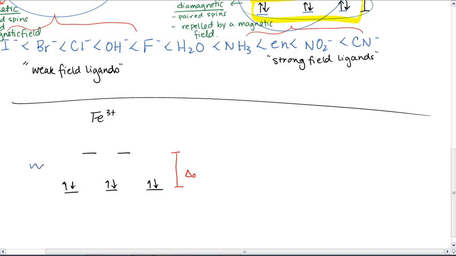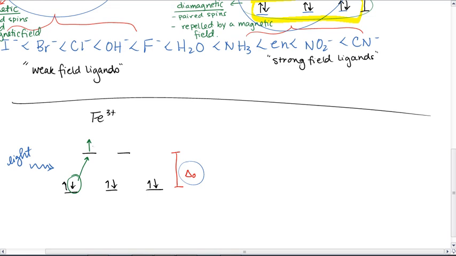But what happens is if you shine white light at your complex of iron, the light has a large number of different energies associated with the different wavelengths found in it. Well, if one of those energies corresponds to the crystal field splitting energy, one of these electrons could absorb that energy and get kicked up to the higher d orbital.